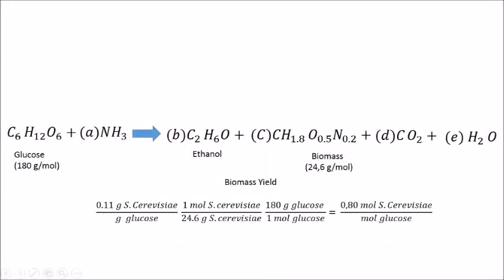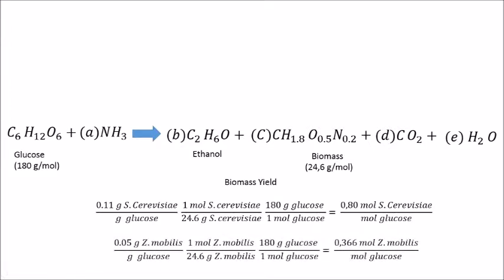Previously, the problem presented the biomass yield in terms of mass, so we decided to convert that mass term to mole term. With this step, now we know the quantity in terms of moles produced by 1 mole of glucose.